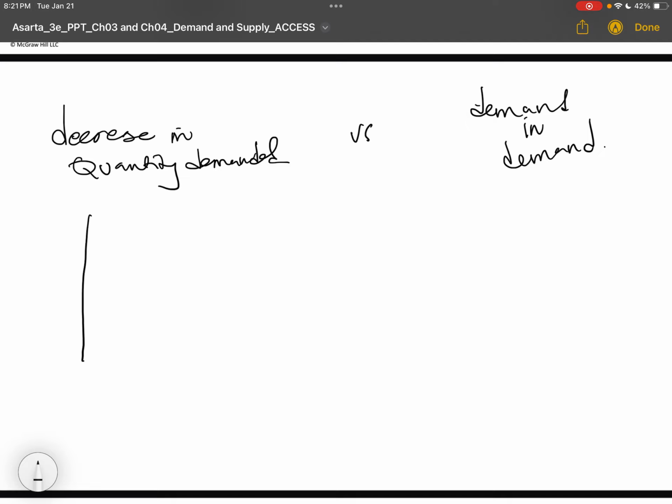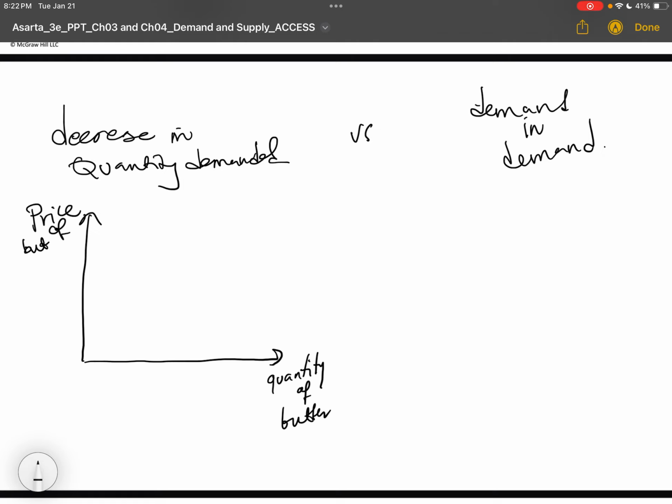Okay, so first we have the X and Y axis. We have price on the Y axis, and we have quantity. Now we need a certain good here. Quantity of butter, say, right, on this X axis, and price of butter in dollars per case.